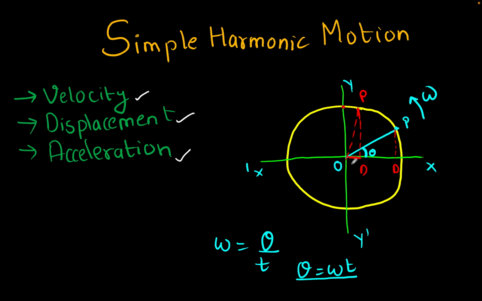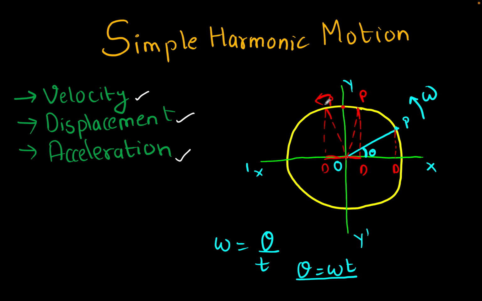The length of OD is decreasing, the projection is decreasing, and after OP gets up till here and starts moving in this direction, the projection again starts to increase, right? Let's say the line OP gets up till here, and if you see the projection, again it's increasing.